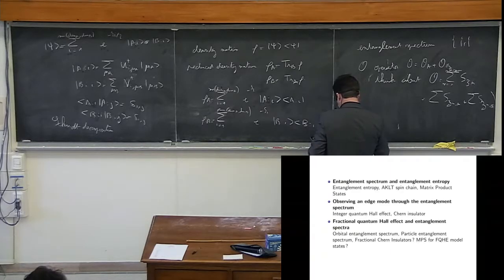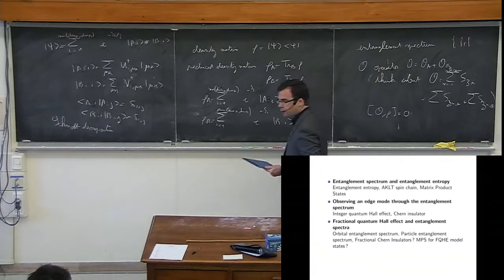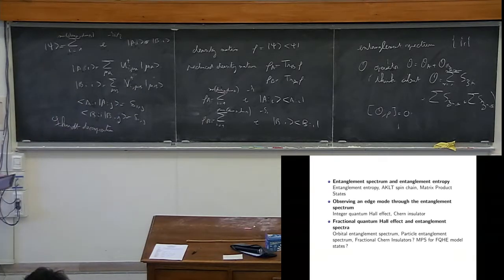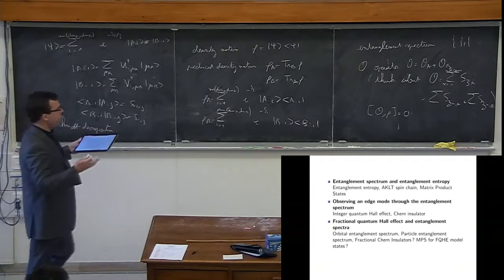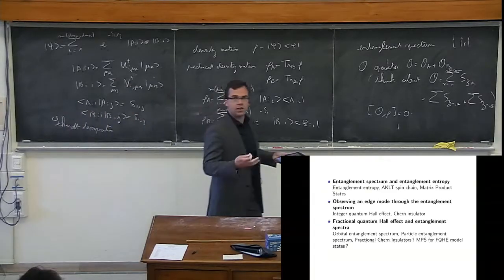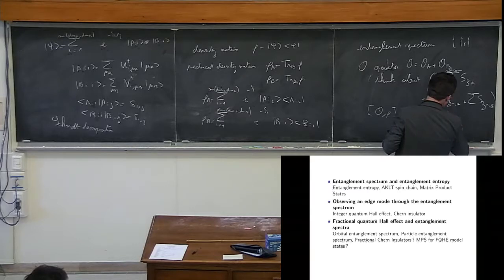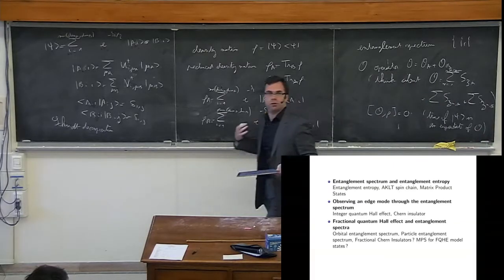So if you have the property that O commutes with rho, which, if you have a pure state, so rho is just the projector on psi, and psi is an eigenstate of O, then you have this property, right?